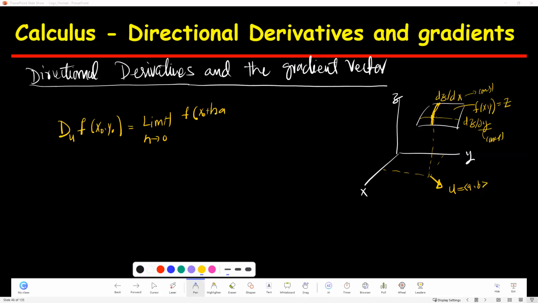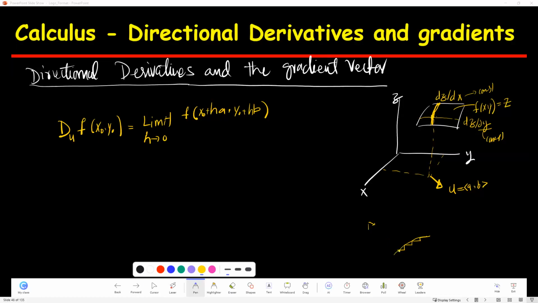Remember, here I'm going to call it h because h is my multiplier this time, and I'm going to say comma y naught plus hb, right? That's my function. And really what you're doing, you're just taking the function and adding a little bit to this, going this way.